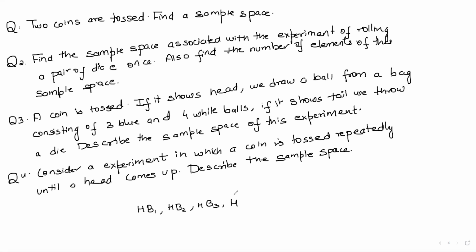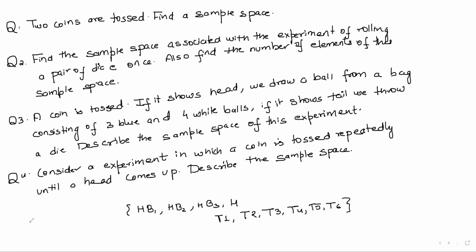Again, we get a head, then W1, W2, W3, and W4. After this, suppose we get a tail. If the coin is tossed and shows a head, we draw a ball. If it shows tail, we throw a die. So if we get a tail, then we will throw a die. Suppose we get a tail and one on the die, a tail and two on the die, T3, T4, T5, T6. Is this clear now? Yes, sir. Okay, please do this.